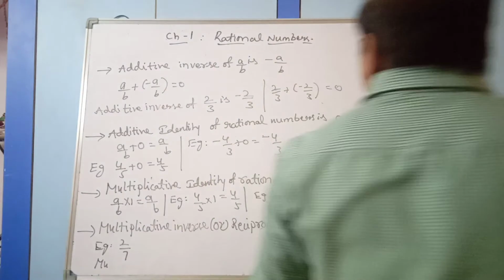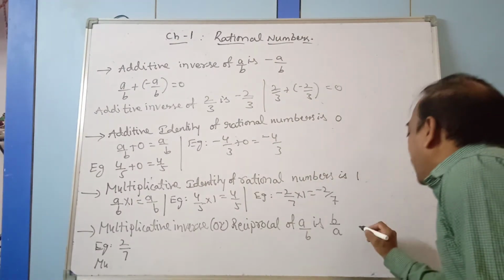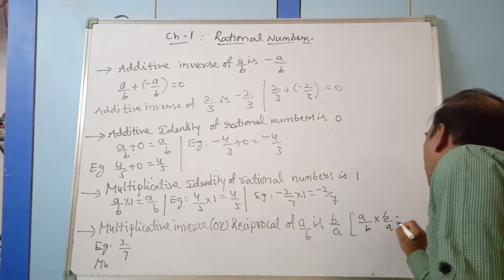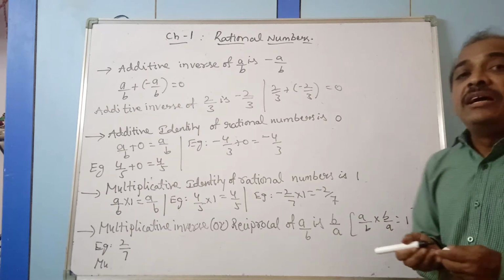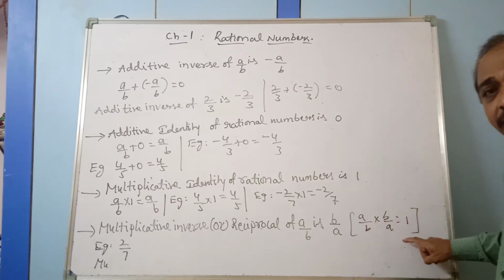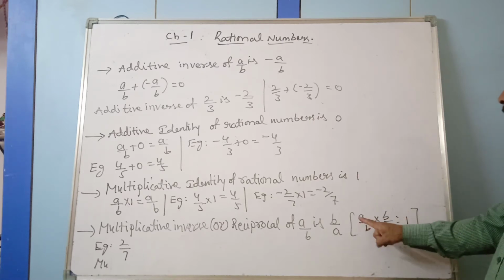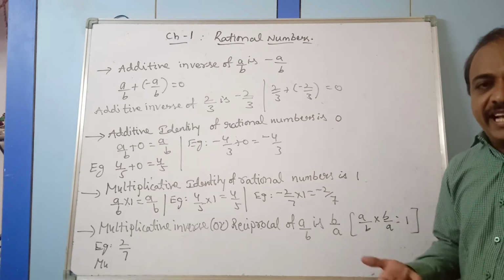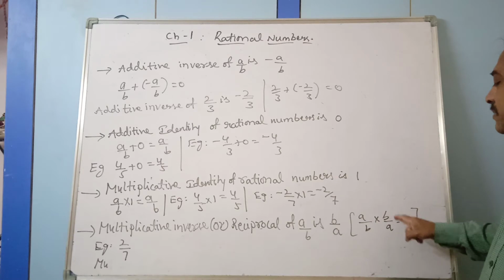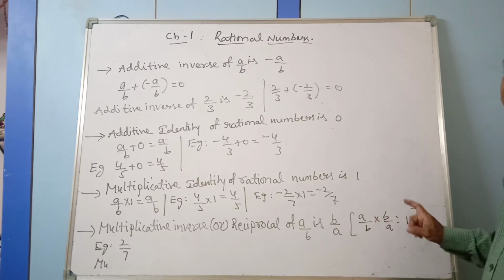One more point: the product should always be equal to 1. Here I am writing a by b into b by a is equal to 1. a by b is the multiplicative inverse of b by a, and b by a is the multiplicative inverse of a by b. The product of a rational and its reciprocal is always equal to 1.